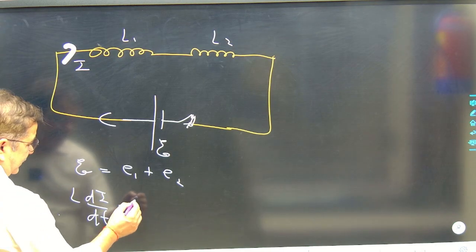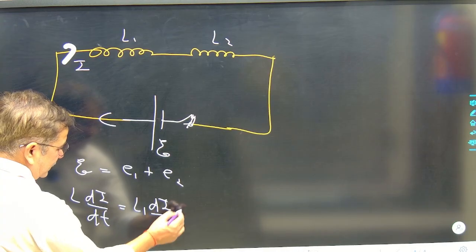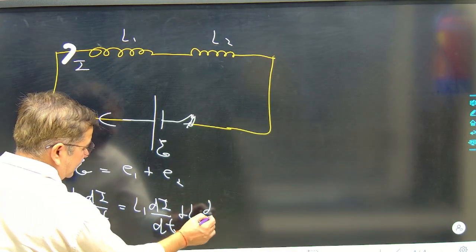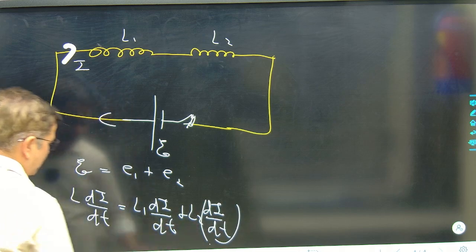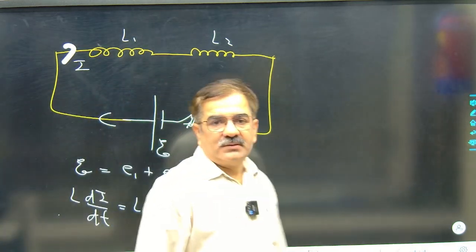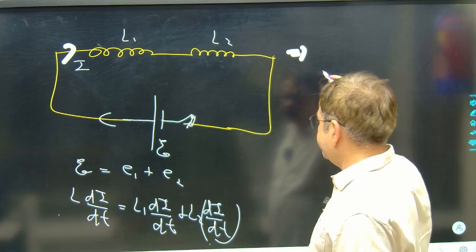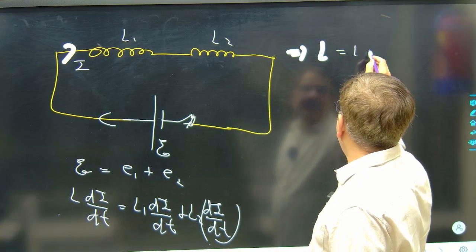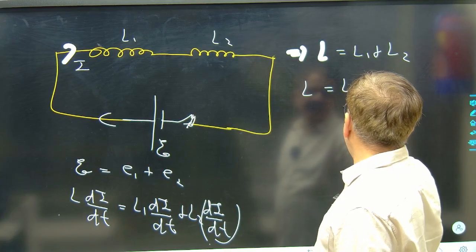Here I would write L1 times di by dt, because in series current remains the same, plus L2 times di by dt. Now what can I see? This di by dt is common, hence I will say that L is equal to L1 plus L2.